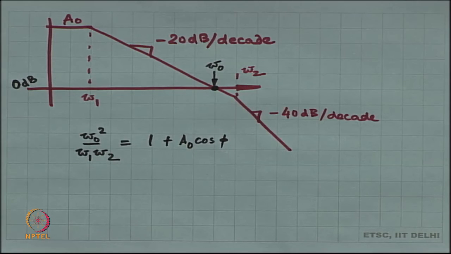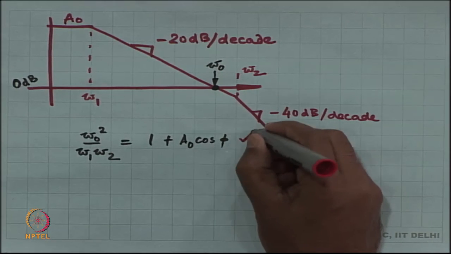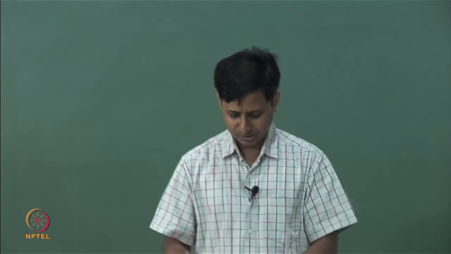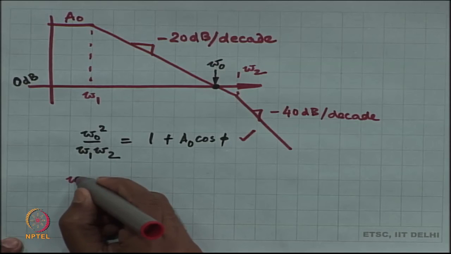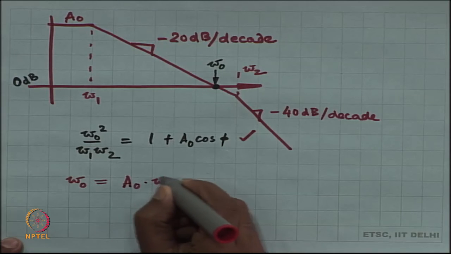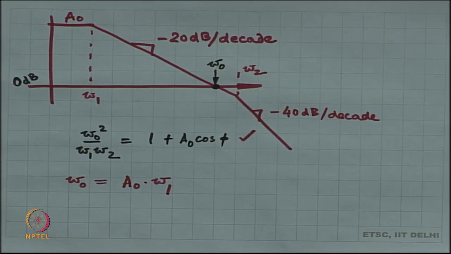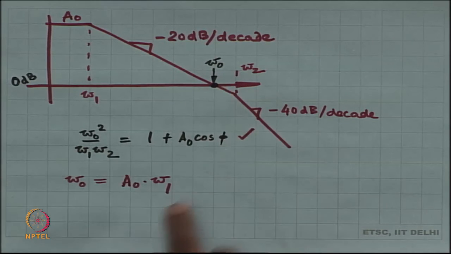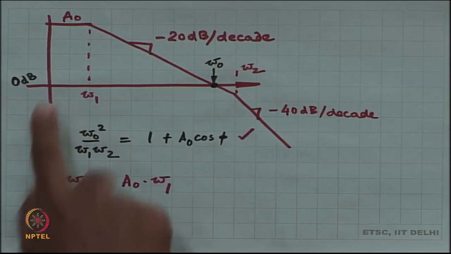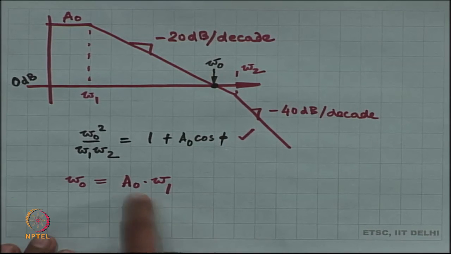So, this relationship is fine, right, but it is also possible to say that omega 2 is a very high frequency, let us not bother about it at all, and omega naught is nothing but a naught times omega 1. It is possible to say such a thing. In which case the gain crossover frequency, the frequency at which the amplifier has a gain of 1, is nothing but a naught times omega 1.